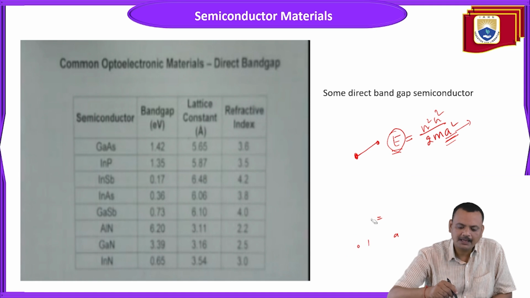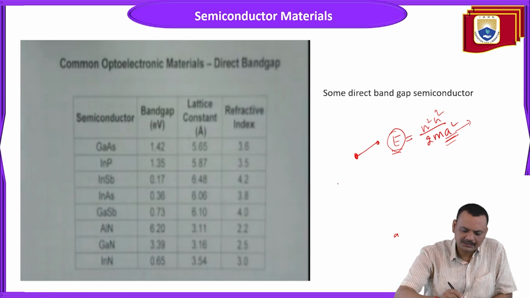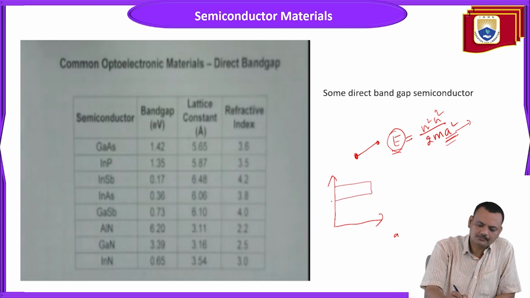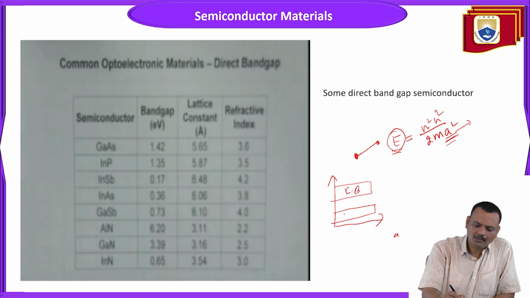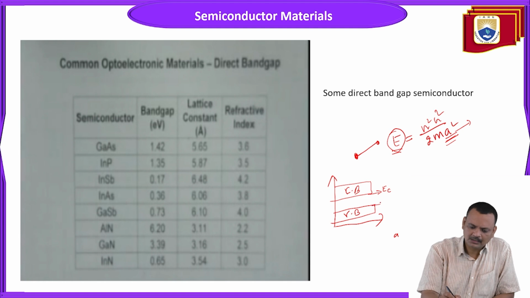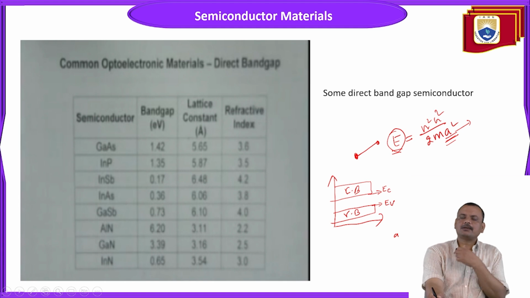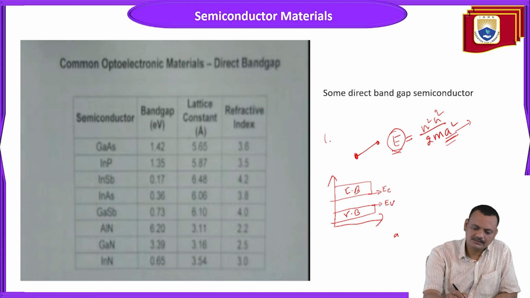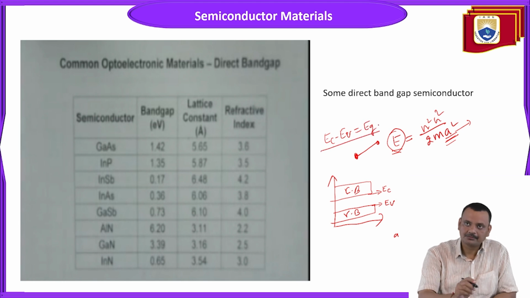So what is the energy band gap? It is the separation of the valence band and conduction band. Let's suppose this is the bottom of the conduction band, denoted by EC, and this is the top of the valence band, denoted by EV. So EC minus EV is EG, the energy band gap value.